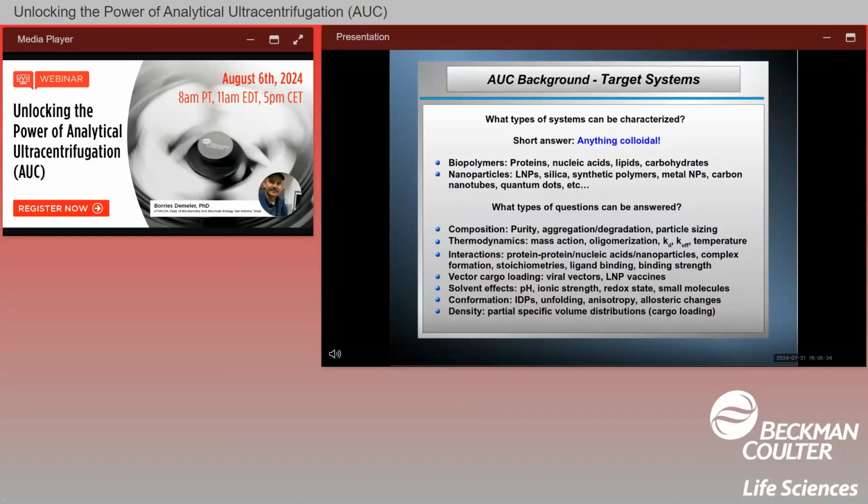Conformational analysis will tell us information about intrinsically disordered proteins, the unfolding of molecules, changes in anisotropy, maybe due to buffer changes, as well as allosteric changes. The density of a molecule can be followed by measuring the partial specific volume distribution, which may change upon cargo loading in, for example, lipid nanoparticles. And we'll look at some of the examples that are relevant for that.